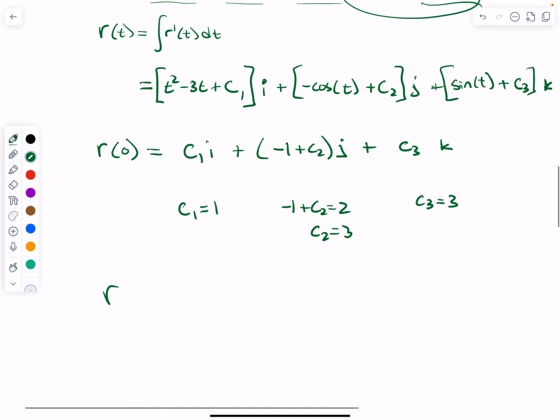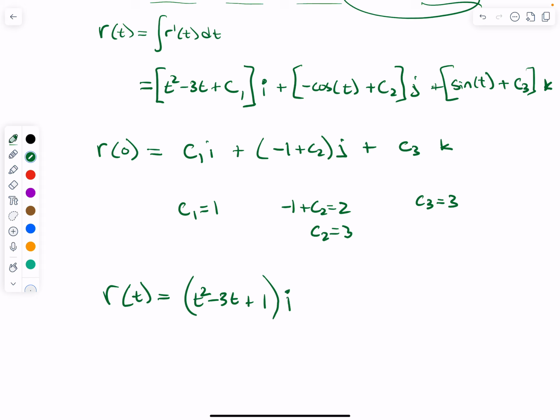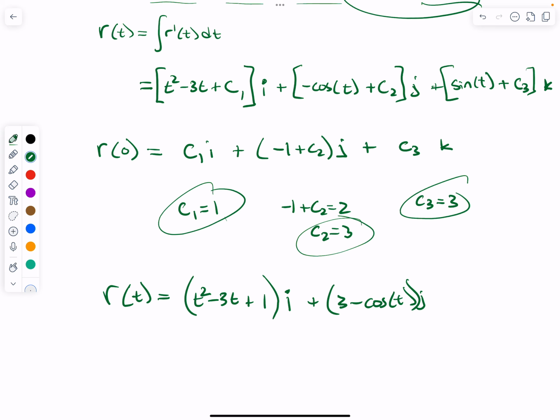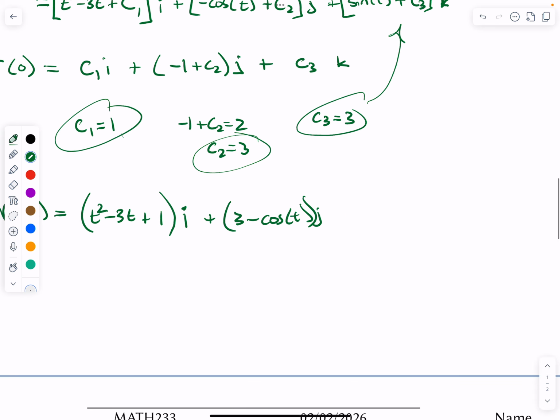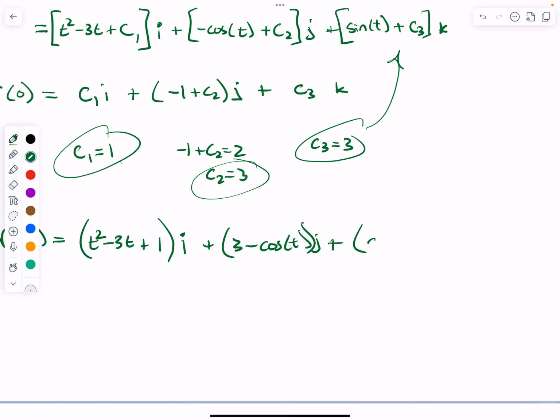So my final answer is that r of t is equal to t squared minus 3t plus 1, there, times i, plus, let's write the 3 first. So I'm just going to insert these 3 into the previous answer there. And then, whoops, plus sine of t plus 3 times k. So there you have it.